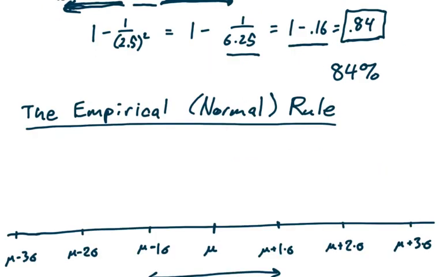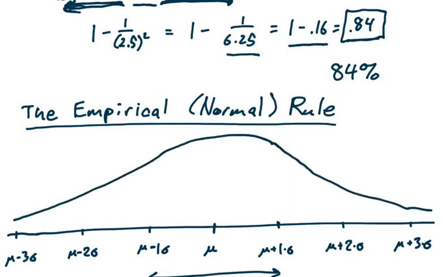Now, the last little thing from Chapter 3, Section 2 is what we call the empirical or the normal rule. And this has to do with when we have data that is normally distributed. Another way of describing this is the histogram looks like a bell-shaped curve.